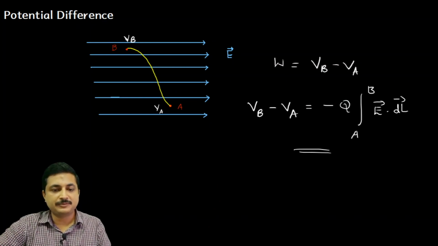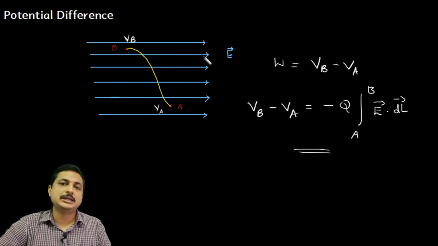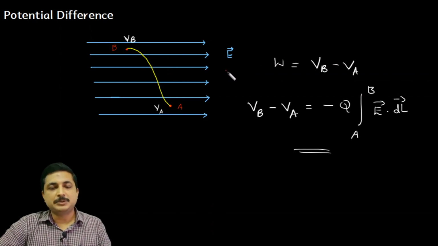So this is the expression for potential difference. The integral form of energy expended can be easily represented as potential difference. So if you know the energy expended in integral form, you can easily find the potential difference in an electric field.